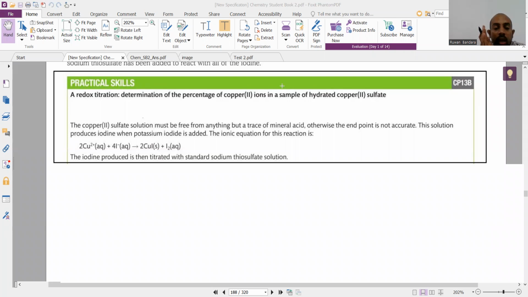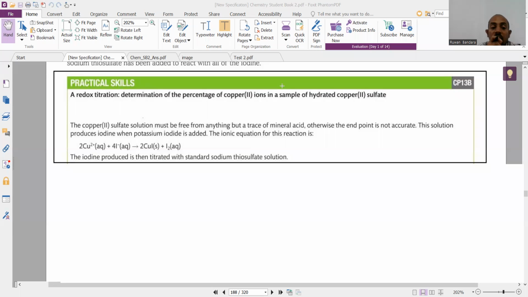Right now in this titration, what we are going to do is analyze the amount of copper 2 plus present by the iodine that is produced.